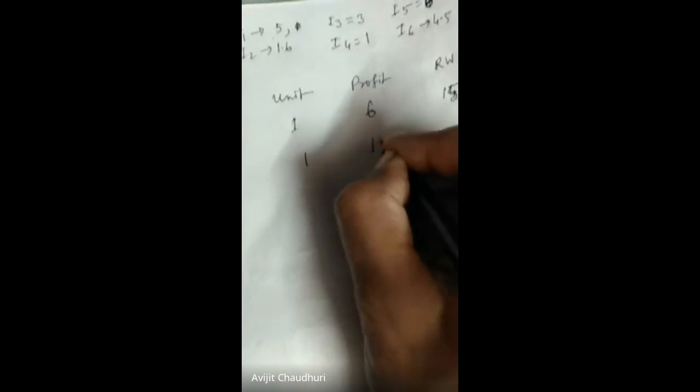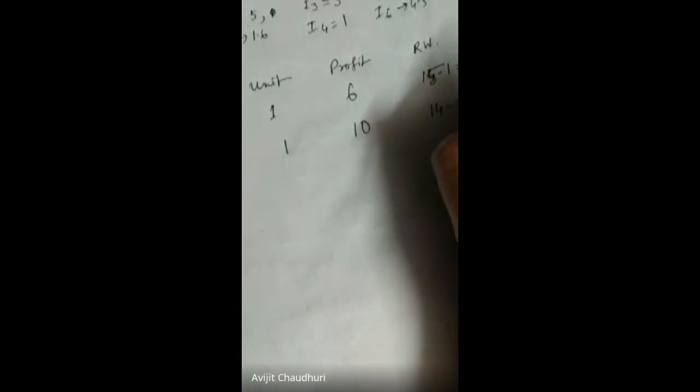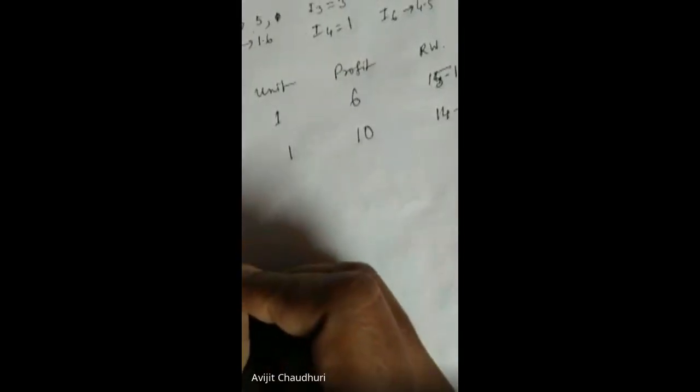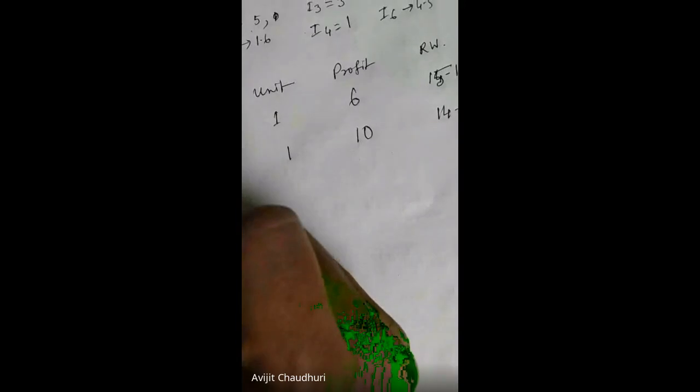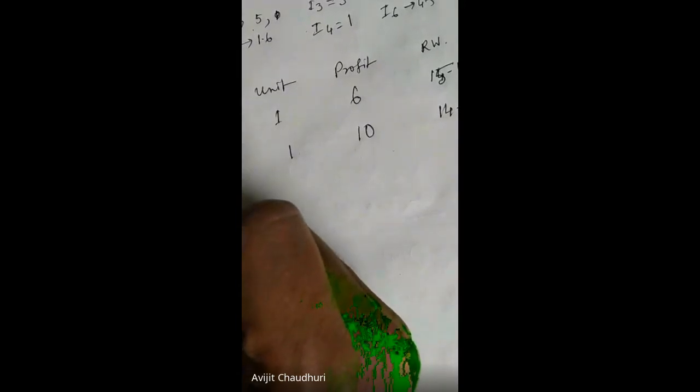Then next is I1, 1 unit. Profit is 10. Remaining weight is 14 minus 2, that is 12. Is that okay?